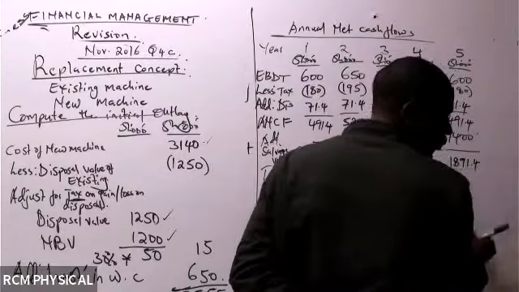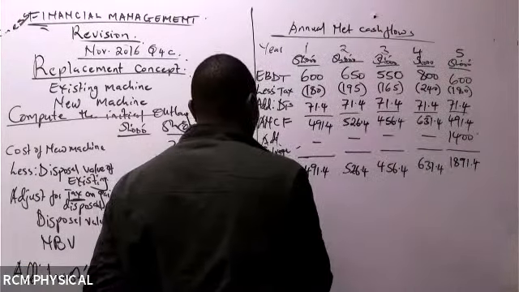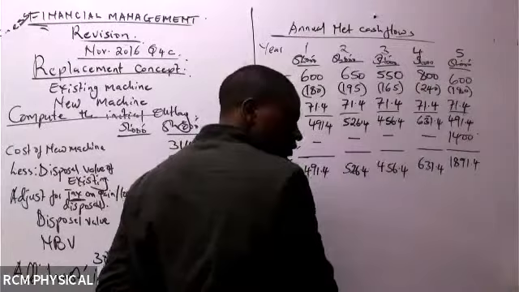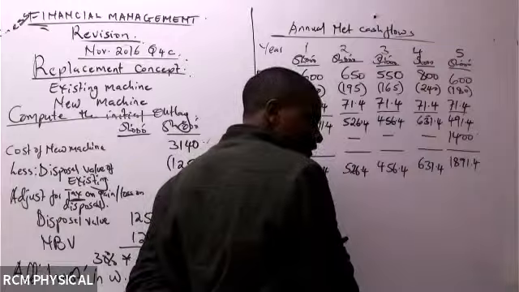Now we discount. What is the discount rate? The discount rate was 10%. Right? 10% discount rate.